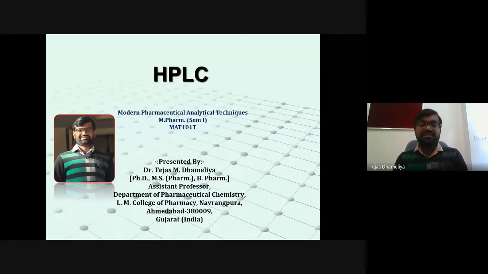Some compounds cannot be detected with the help of UV visible light. But if they can be detected with the help of, let us say, refractive index, then we can use a refractive index detector. In HPLC, the refractive index detector is one of the major and prominent detectors which is widely used.